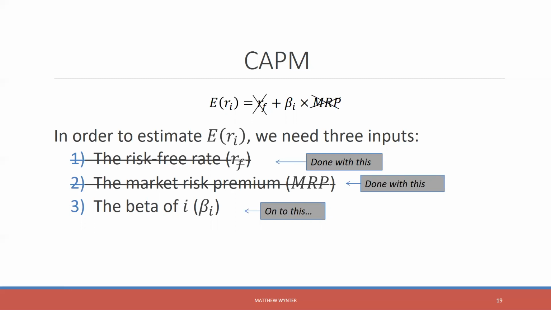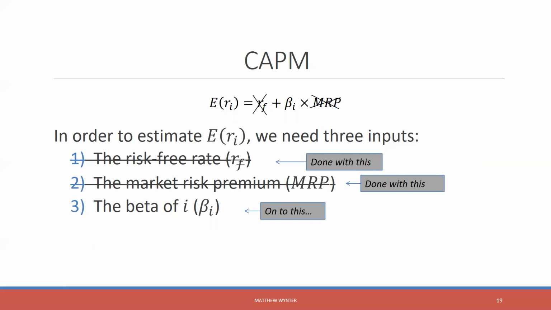But the way that we're going to identify our market risk premium is with averages. So we have the return for the market minus the risk-free rate. We can look across a long time series, so 20 years, 10 years, 30 years, and we'll use that to get an average return, the average expected market risk premium, or the average excess return for the market.